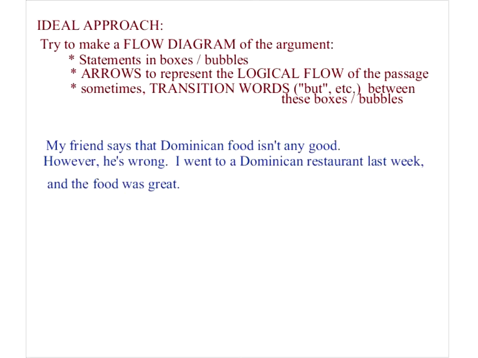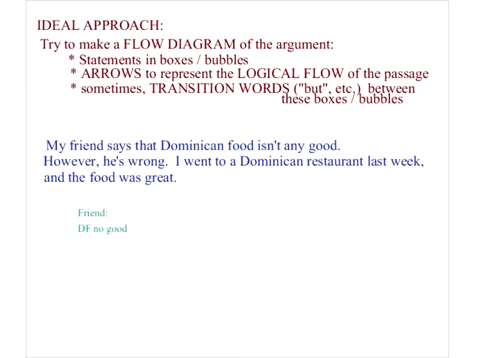So what you do here, if you were diagramming this sort of passage, and if you can do this mentally, then that's great, although if the passage is long and convoluted, you may want to try to do it on paper. So here are the three statements. One statement is, friend: Dominican food is no good.